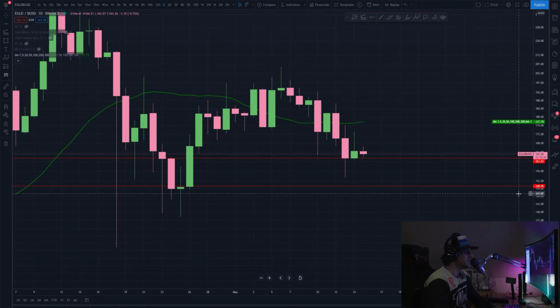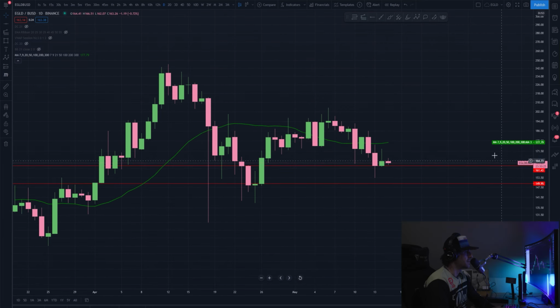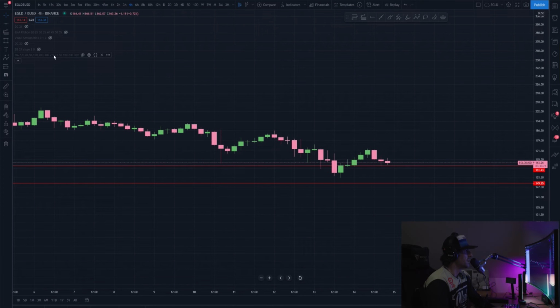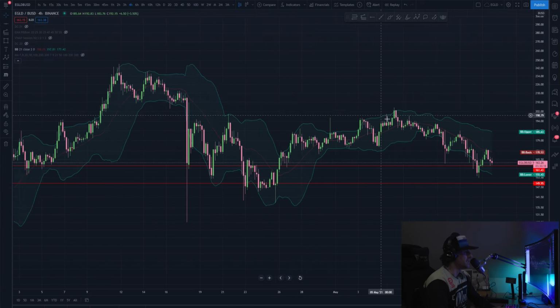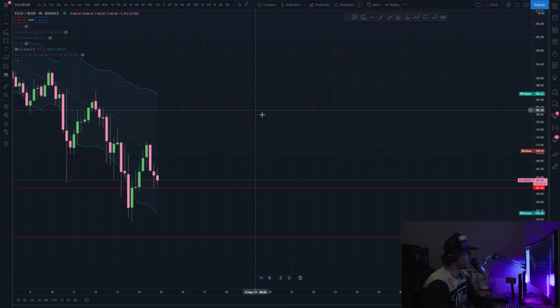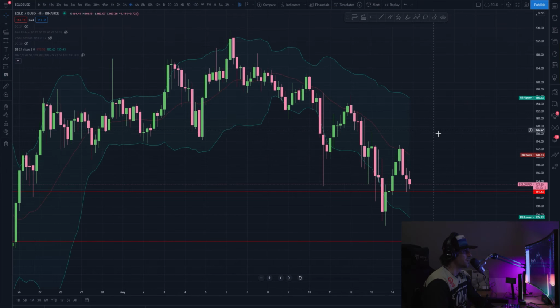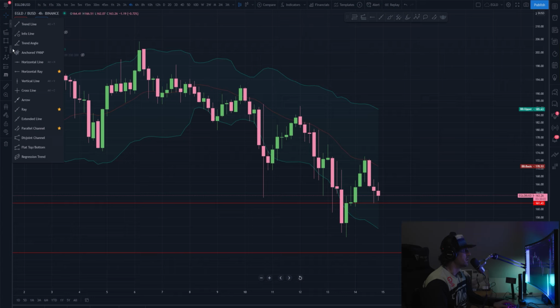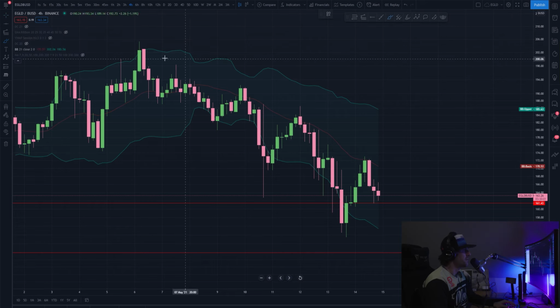Hope this helps, guys. The people that are following me know that I'm always taking a look at the gravity of the Bollinger Band to figure out the trend. If you want to see the trend, like here, you can see on the 4-hour chart that we are creating a lower high.